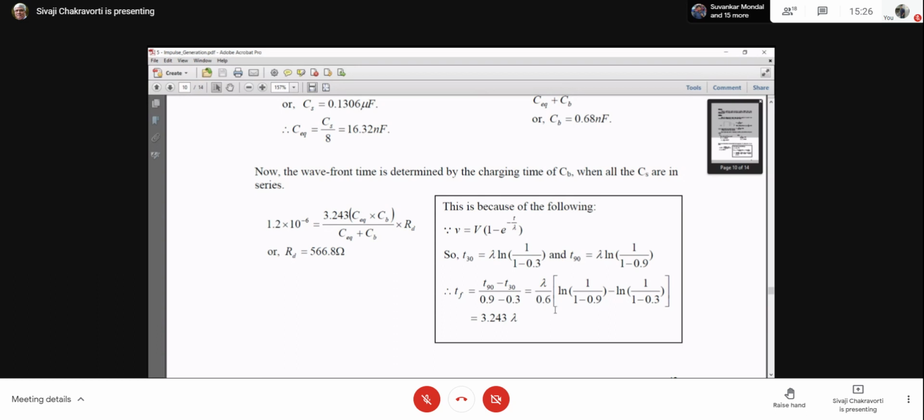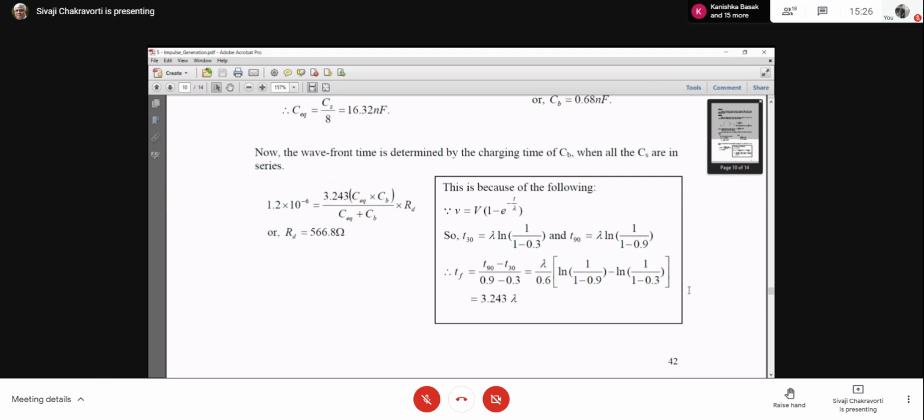For T30, v by V becomes 0.3, so you can calculate from this expression, e to the power minus T30 by lambda. Then small v by capital V is 0.9, with e to the power minus T90 by lambda, so T90 becomes this.